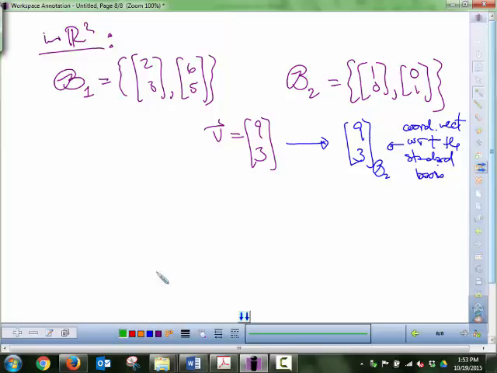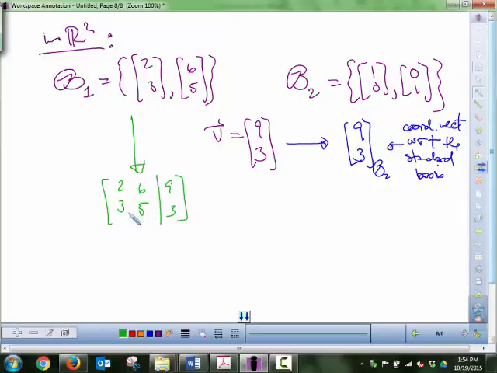Now, if you want the coordinate vector for this (9, 3) vector with respect to a different basis, you have to do some solving. What you would do is see if you can write this as a linear combination of (2, 3) and (6, 5) giving (9, 3).